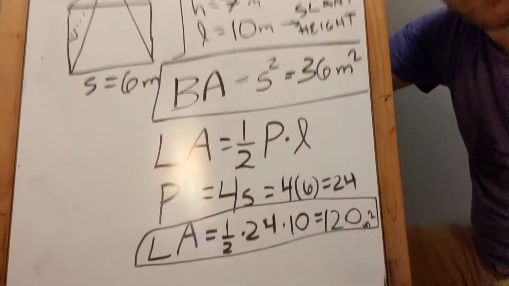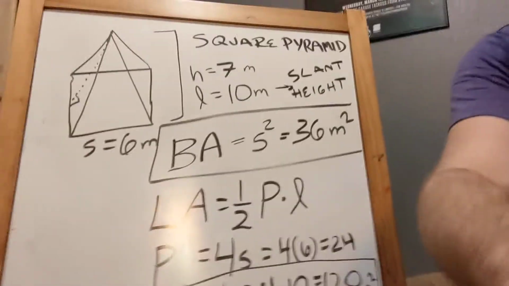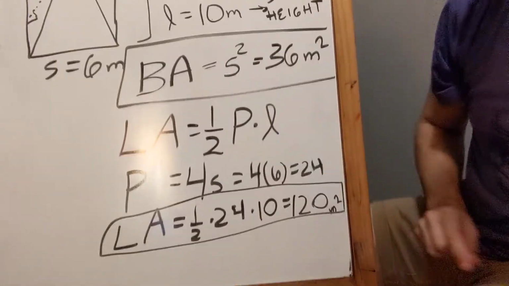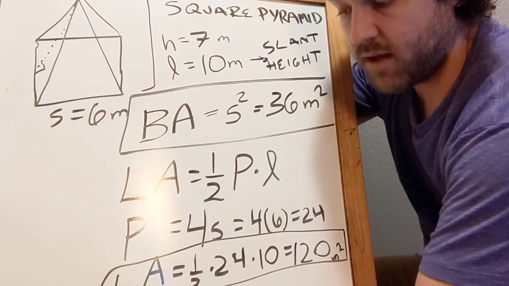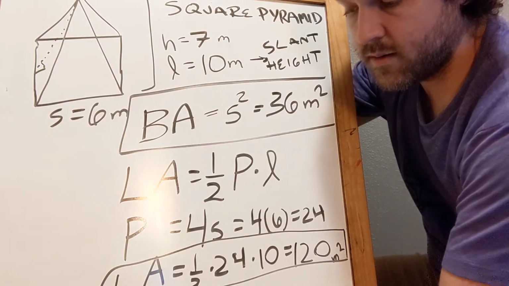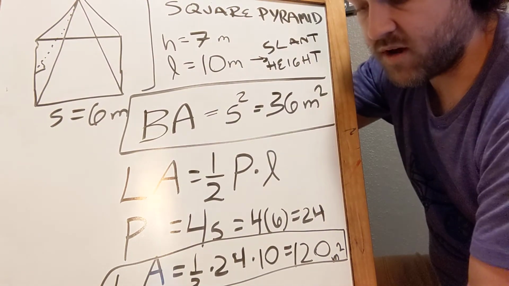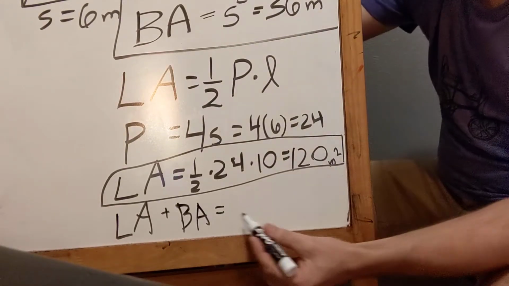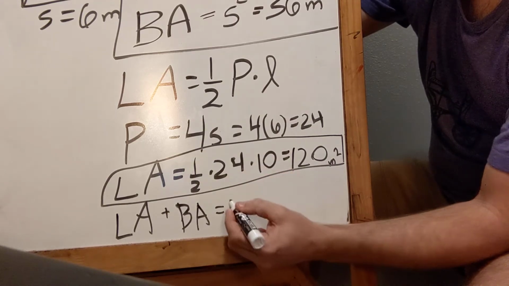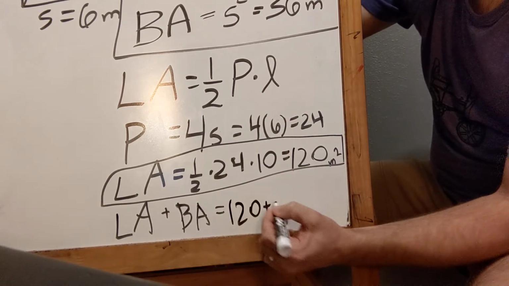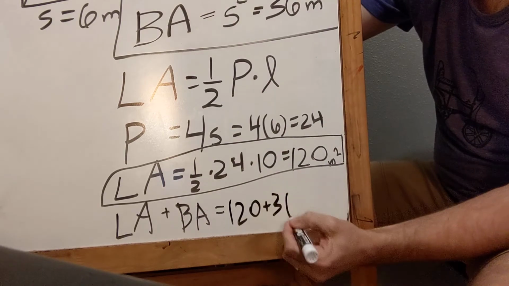And then lastly, we're going to do the lateral area plus the base area to find the surface area. So lateral, which was 120, plus 36.